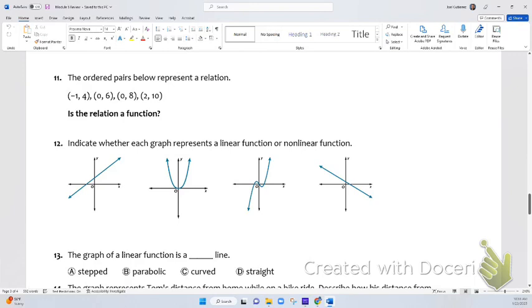Okay, number 11 is pretty much the same. The only difference is their coordinate points instead of the actual diagrams, but it's all the same thing. So -1, right, is just a girl who's dating number 4. 0 is dating 6. 0 is also dating 8.